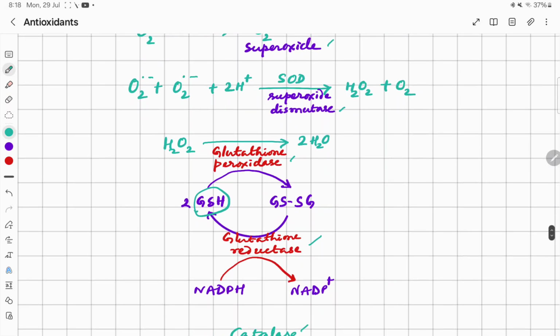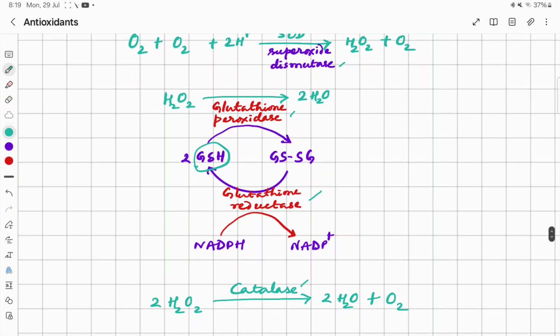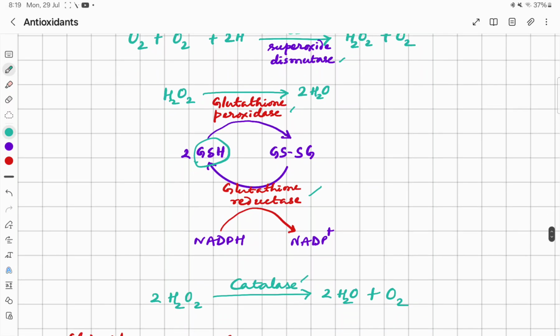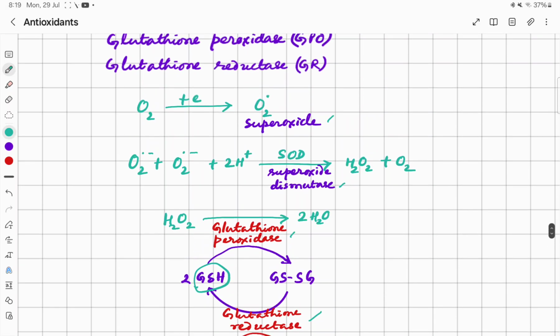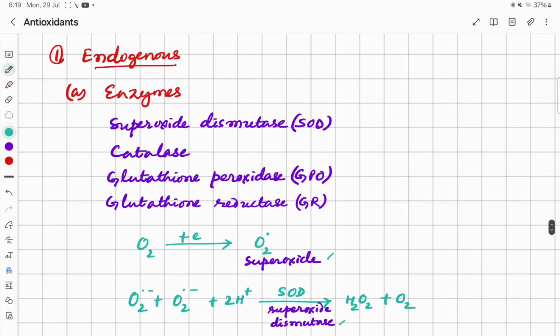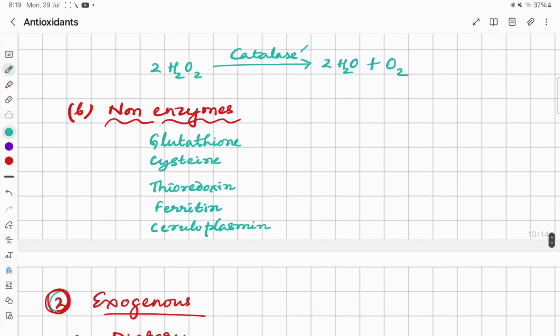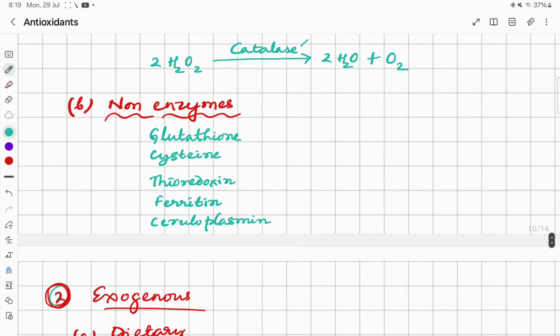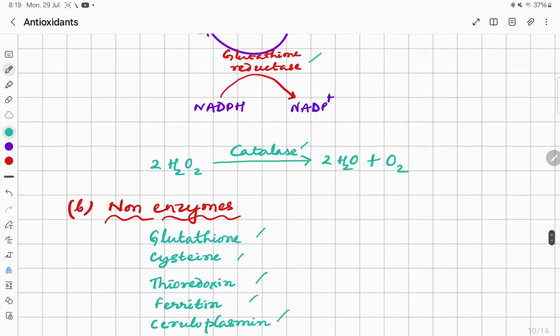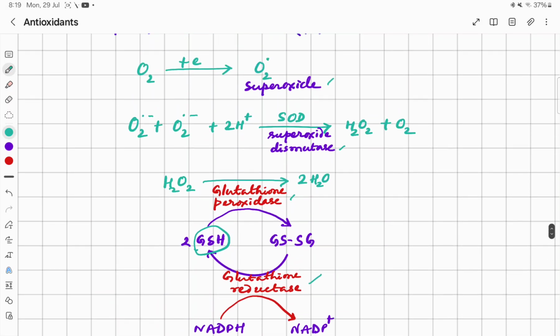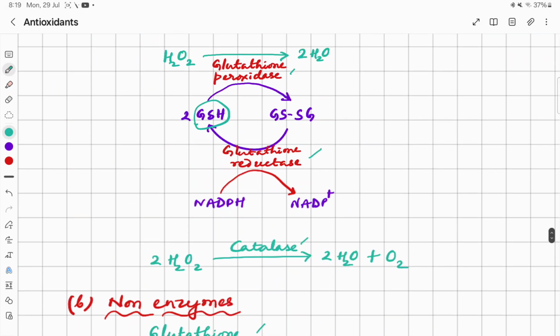So these enzymes, superoxide dismutase, catalase, glutathione peroxidase, and glutathione reductase, we can classify as the antioxidant enzymes present in our body. The non-enzymes will be glutathione, cysteine, thioredoxin, ferritin, ceruloplasmin. All these non-enzymes can also act as endogenous antioxidants.